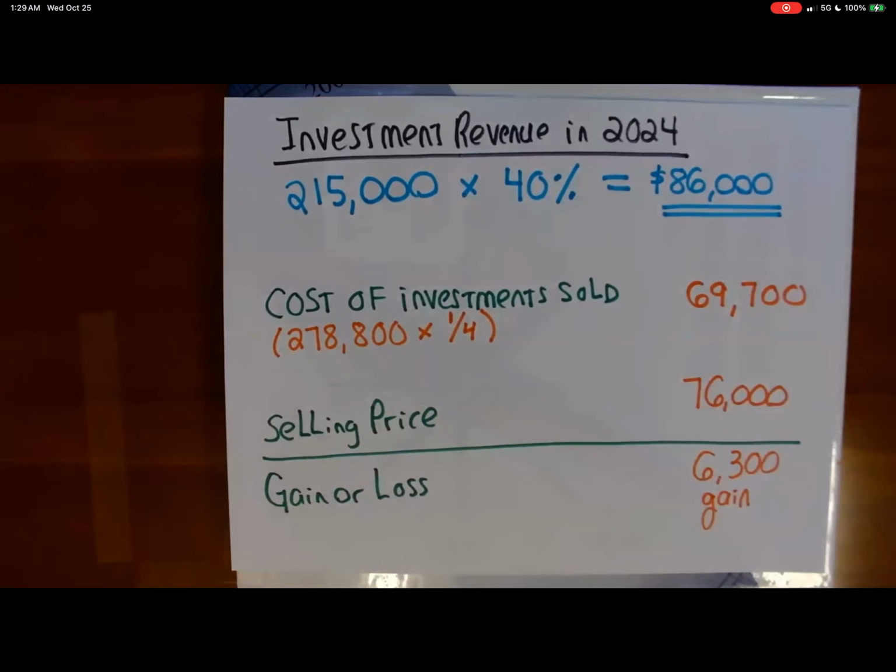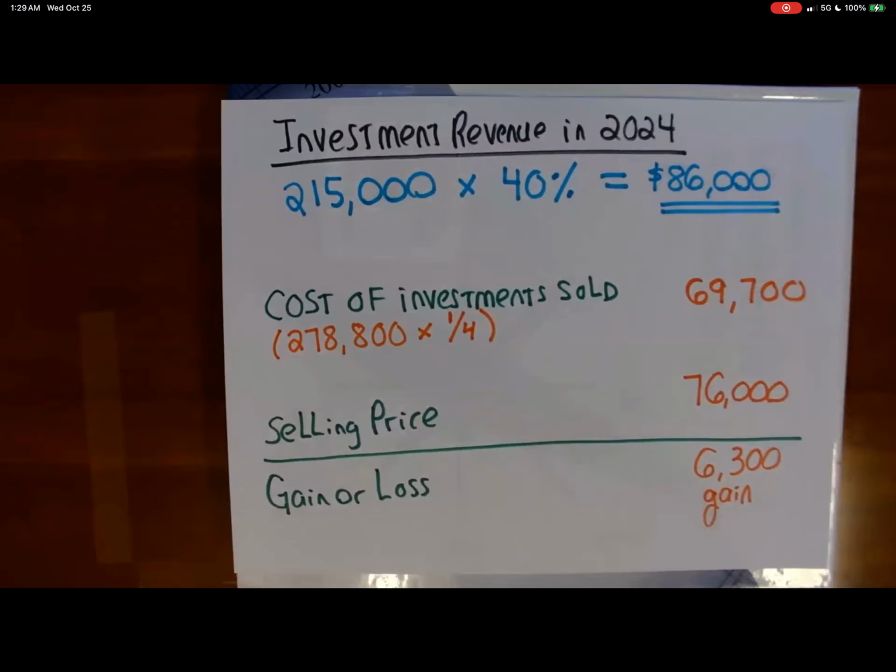Any questions on what was done there? Really, any questions on any of the work that we did together this evening? So on the last one, where we found the investment revenue for 2024, yes, sir. If they asked for the 2023, would you just be doing 100,000 times 40%?